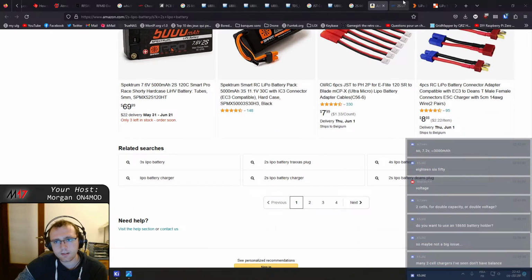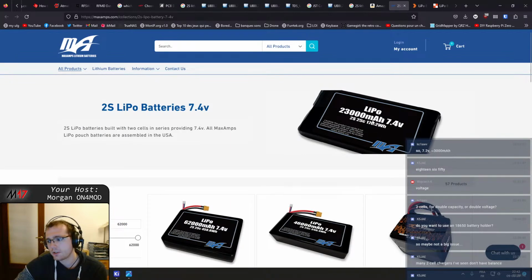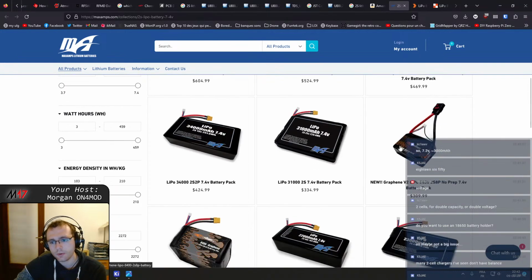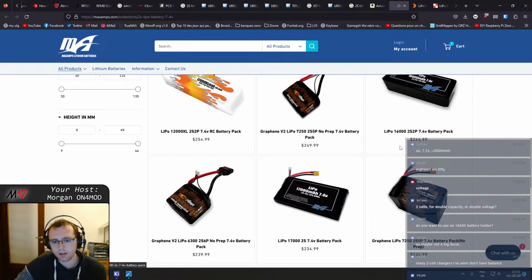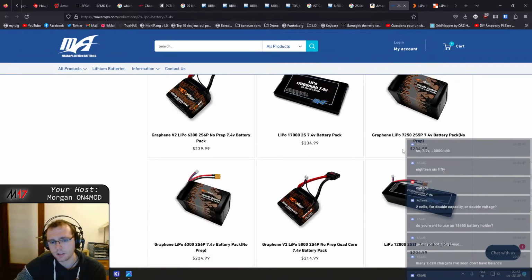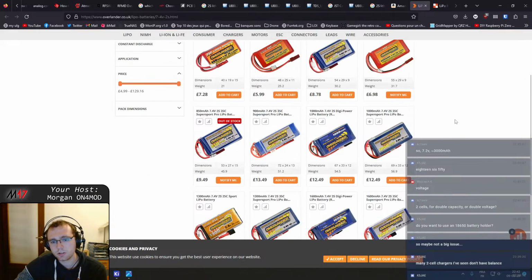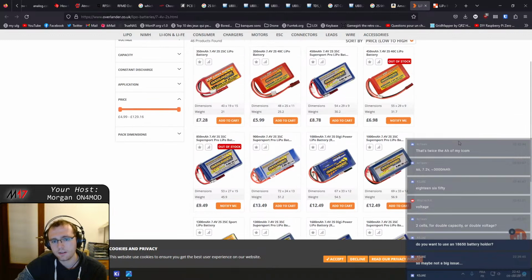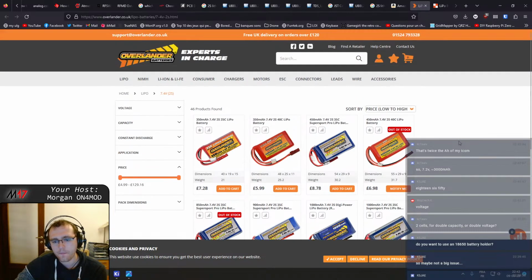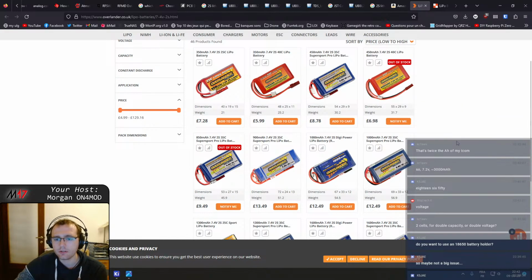Okay, let me think a bit. Using a battery holder would make it much easier for us, because then we would be able to charge the batteries one by one, which is very easy to do, and an 18650 charger is common and cheap, while charging a 2-cell battery in one pack is not easy.